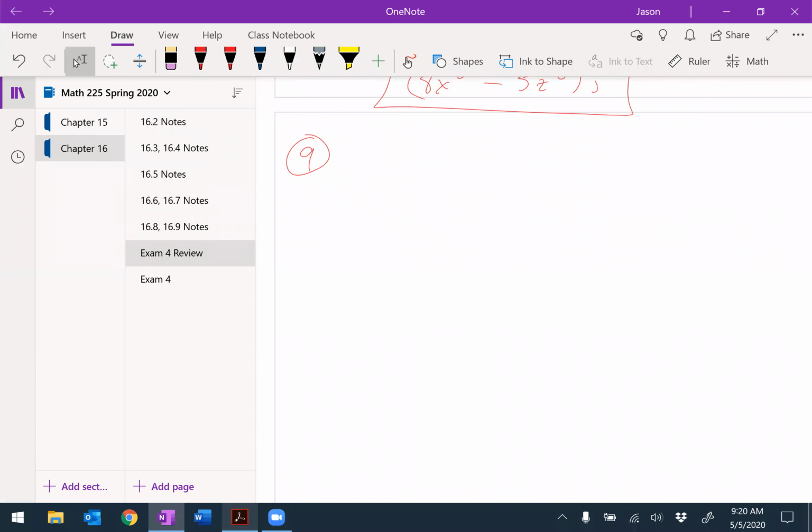So the vector field is f equals cosine z i plus 3y sine 3z j plus 6x cubed z k.